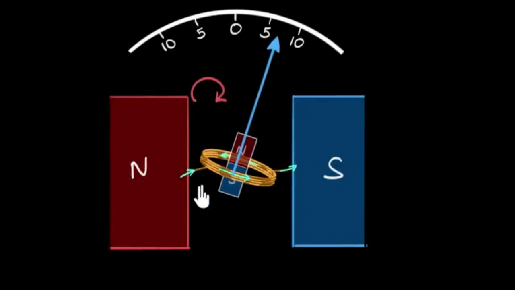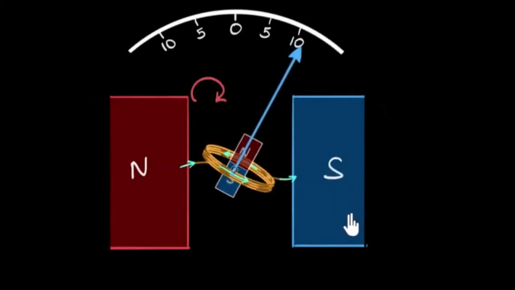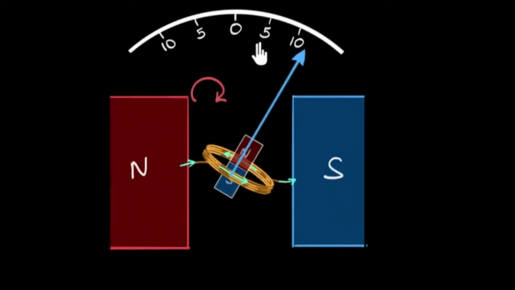So how to fix this problem? We just want to make the needle stay within the scale. If the current is allowed to pass through even now, this needle will go out of the scale.